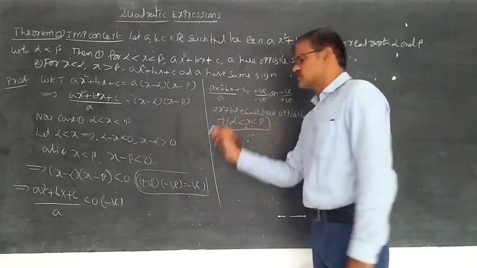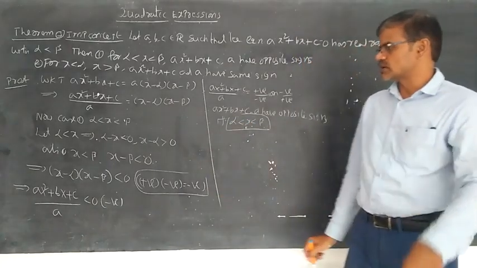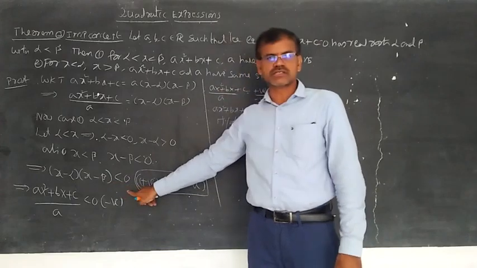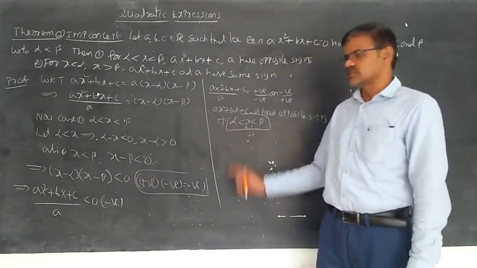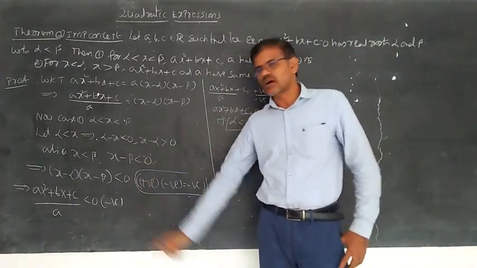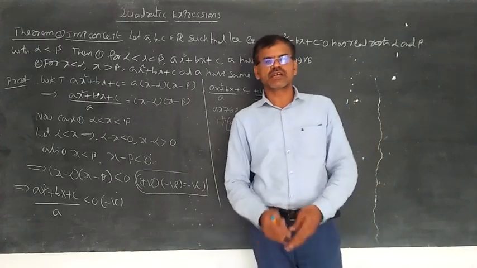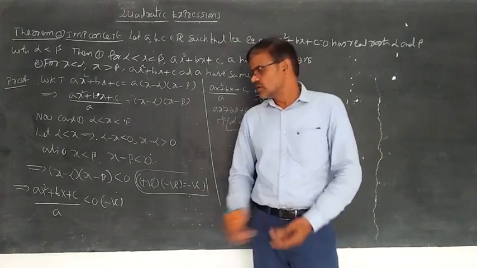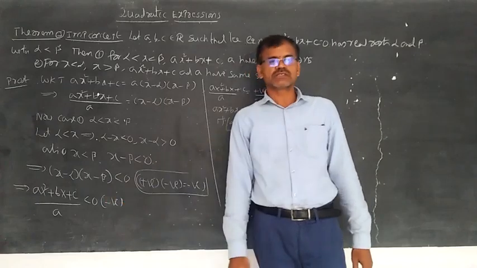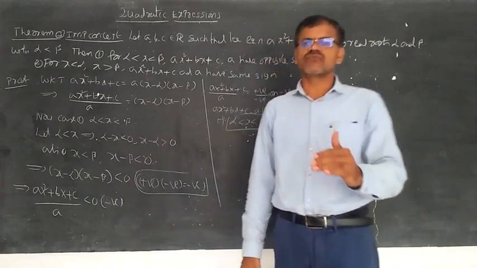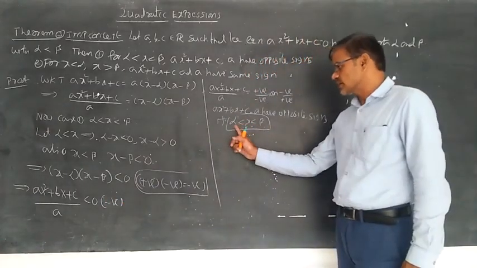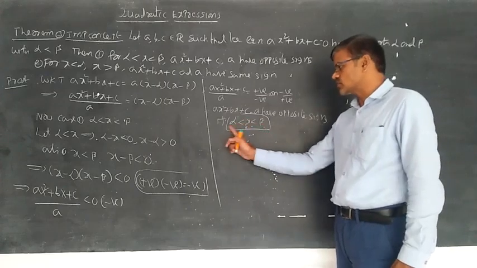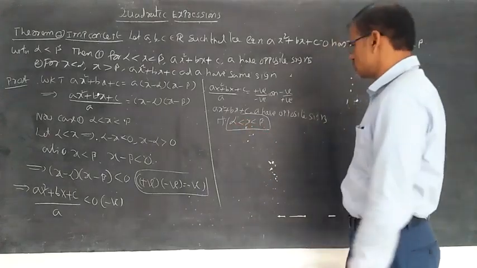The meaning is that here we got x minus alpha into x minus beta less than 0, and here we got alpha less than x less than beta. Plenty of times we have discussed this in first inter, 10th class and 9th class also. If x minus alpha into x minus beta is less than 0, then x lies between alpha and beta. This is the proof: x lies between alpha and beta, meaning alpha less than x less than beta.